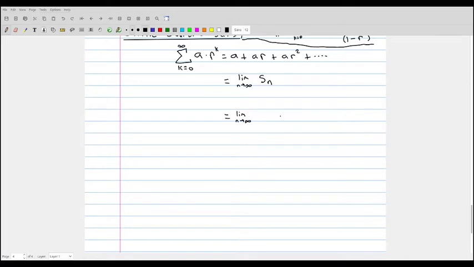So this limit as n goes to infinity is going to be the following.